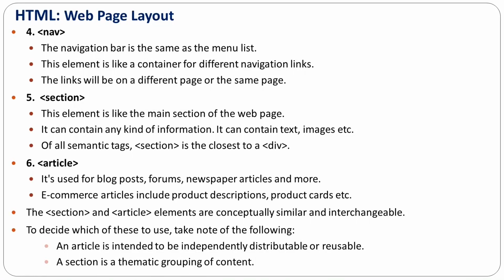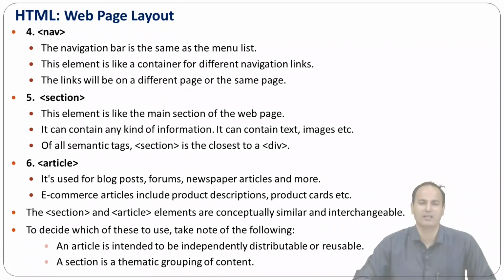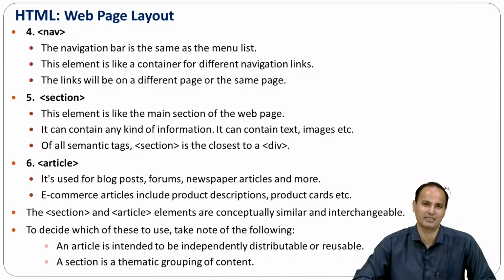Then we have the article tag. It is used for blogs, forums, newspaper articles and more. E-commerce articles include product descriptions, product cards, etc., using the article element. The section and article elements are conceptually similar and used interchangeably.